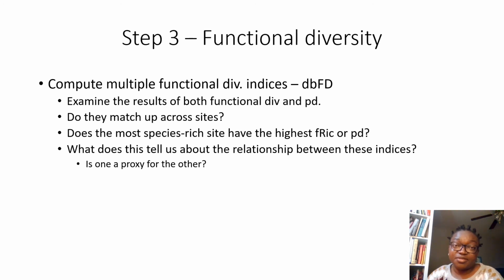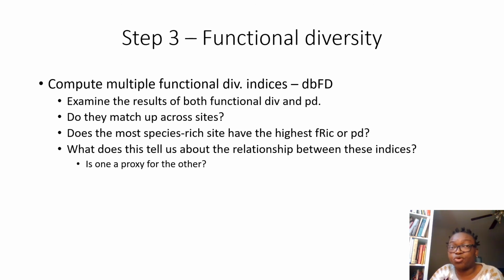Now, the third and final step of the exercise is to compute functional diversity. And what you really need to do is just to use the dbFD function. What that does is it computes multiple functional diversity indices that you can then pick and choose. Well, technically, you have to report functional richness for sure, and functional evenness. Anything else that you do after that is really up to you in terms of what you're interested in.